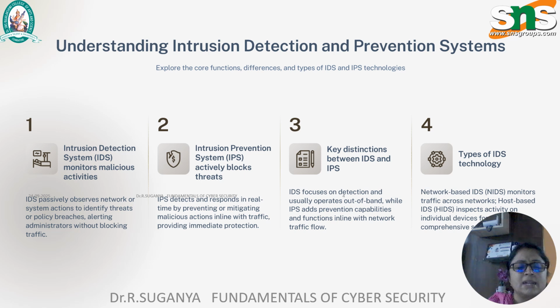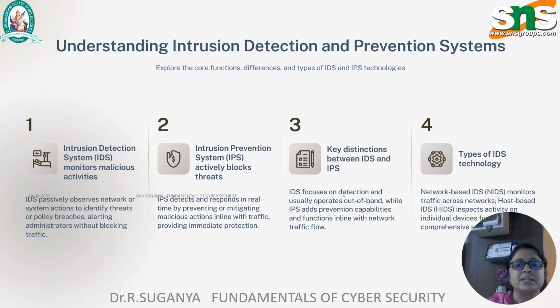Next is understanding intrusion detection and prevention systems. Explore the core functions, differences and types of IDS and IPS technology. The first one is the intrusion detection system, which monitors malicious activities, and the intrusion prevention system actively blocks the threats.